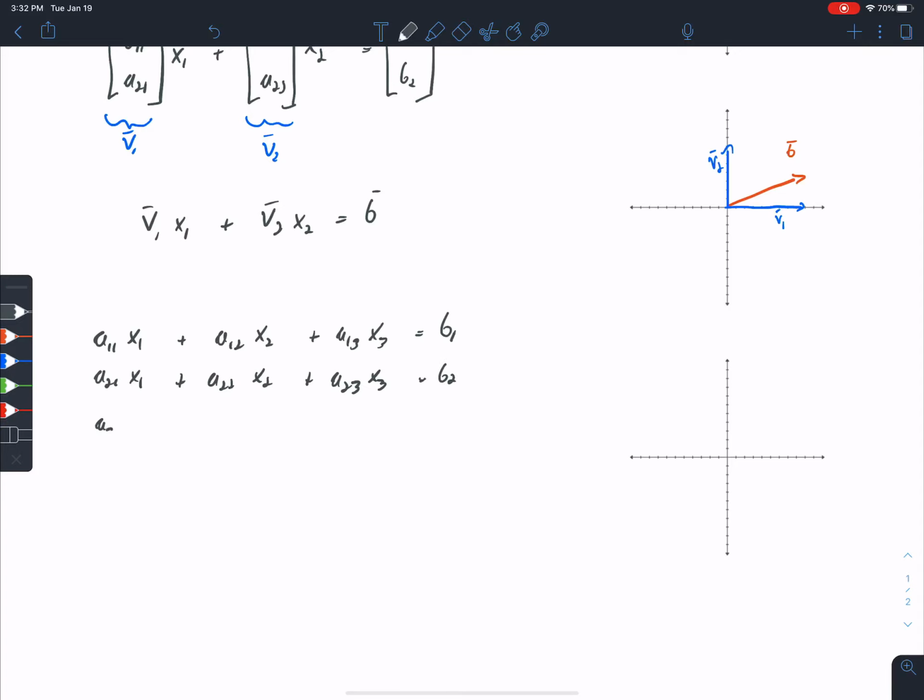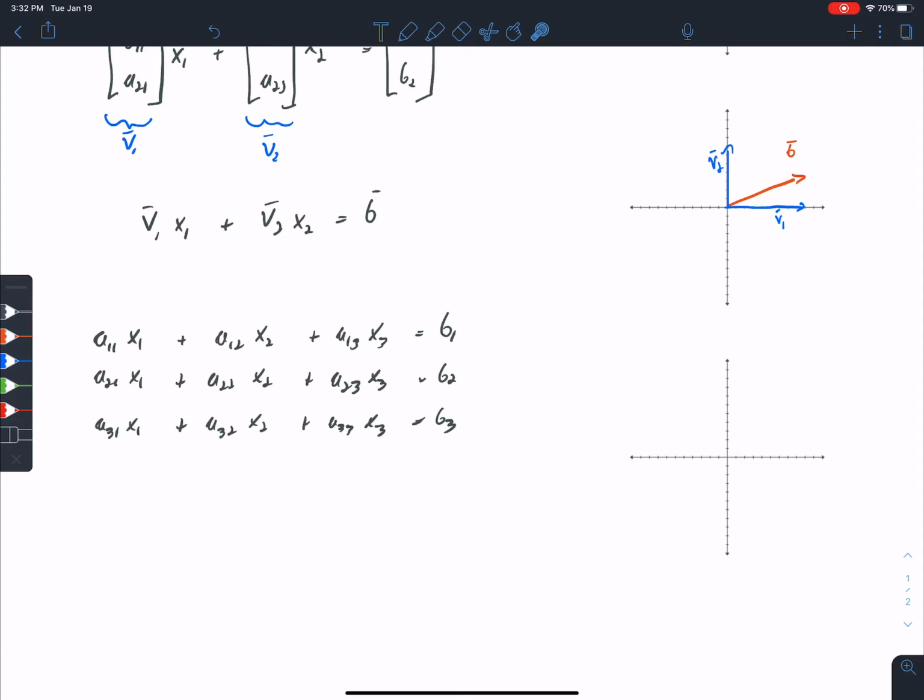Here we have a31 x1 plus a32 x2 plus a33 x3 equals b3. We do the same business again: we view this as one vector, this as another vector, this as another vector.